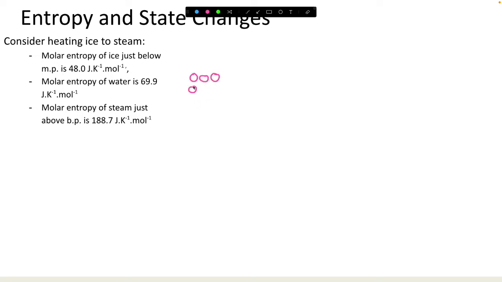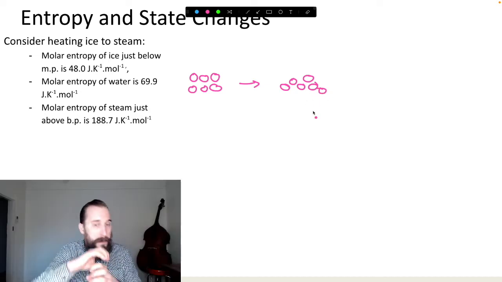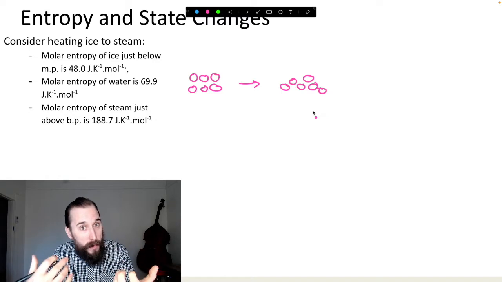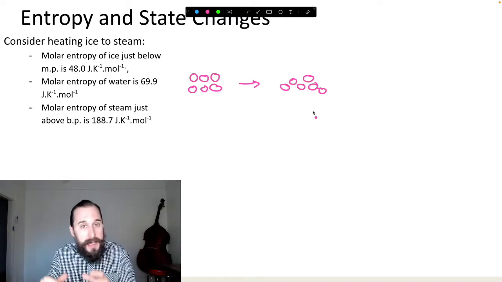If we've got the ice in a three-dimensional lattice, we would expect that to be quite ordered, with not as many microstates it can exist in compared to the liquid, where the particles are still bound to one another, but now they're able to move over one another. So there's more microstates, more positions they can exist in.